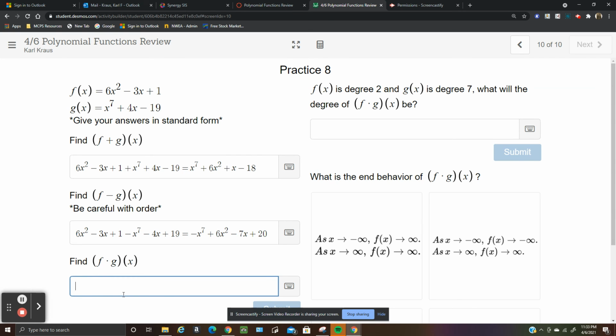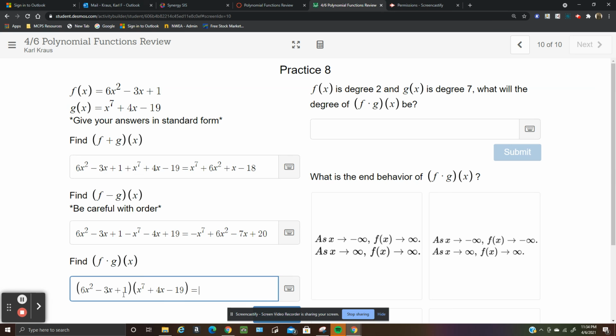And then multiply them together. So multiply everything, distribute 6x squared to the three terms in g of x.